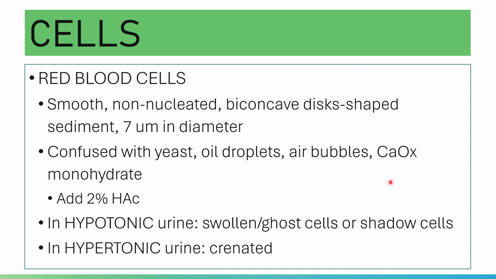Please note that if identification is difficult, you may prepare two preparations. For one preparation, you put a drop of acetic acid, and for the other one, you examine it as is, and you compare.